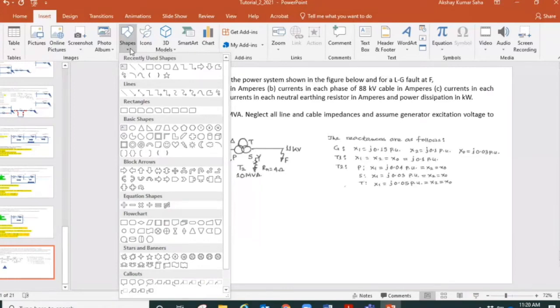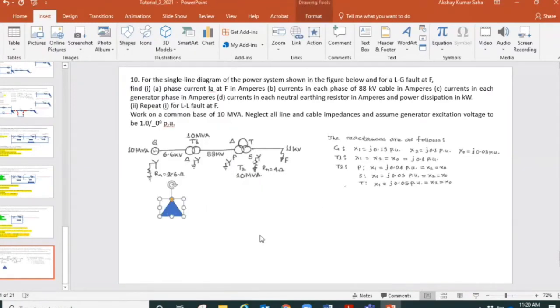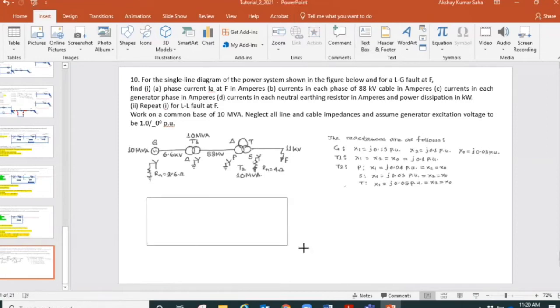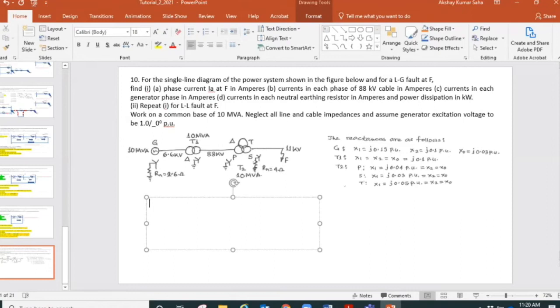Okay, instead of drawing, let me just write it. So I am writing D for delta and Y for star. This is transformer number 1, and I have another transformer which has both the windings connected in star. Does it make sense now?